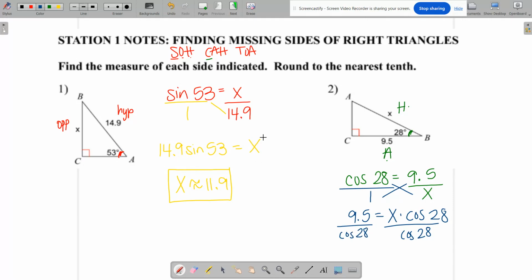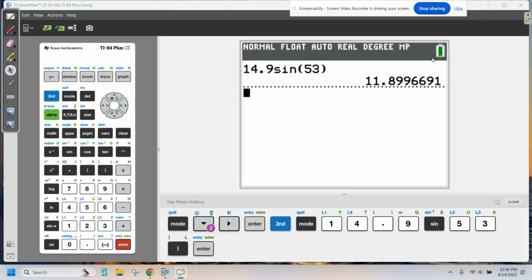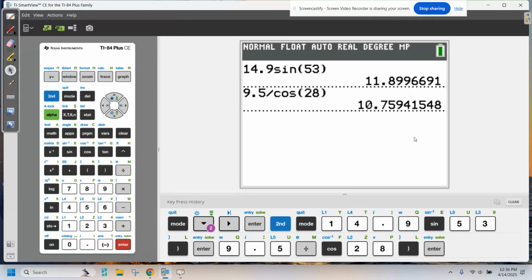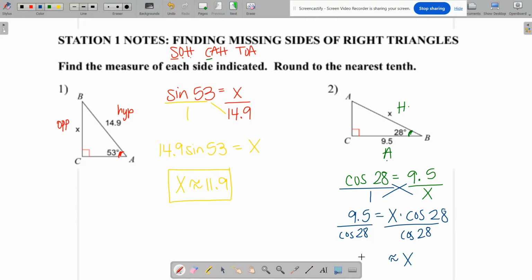So the process is a little bit different than what we did on number 1. x is going to be equivalent to 9.5 divided by the cosine of 28, and I get about 10.8 if we round accordingly. So x is about 10.8 units long. And again, we are expecting that to be larger since it is the hypotenuse.